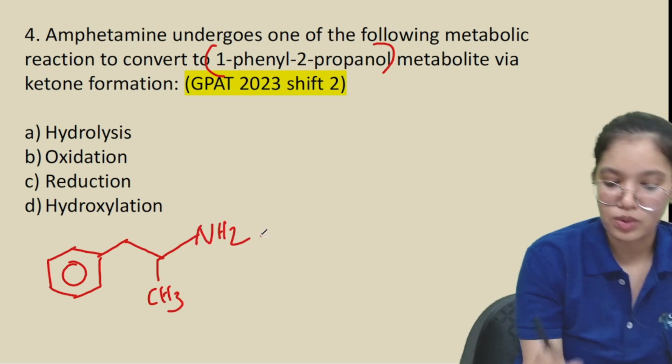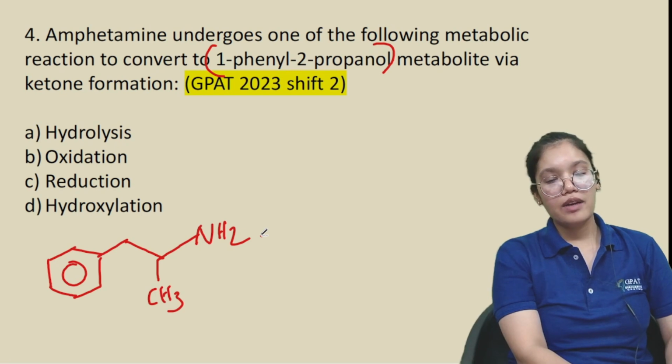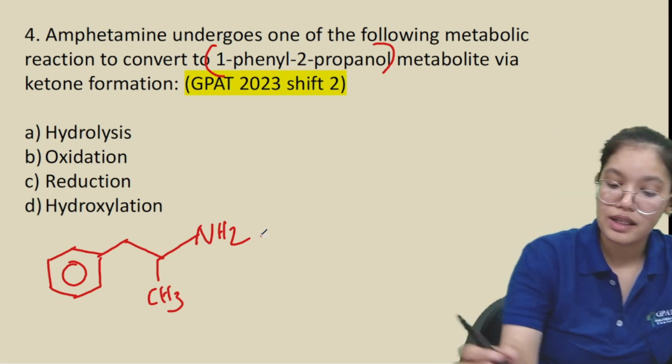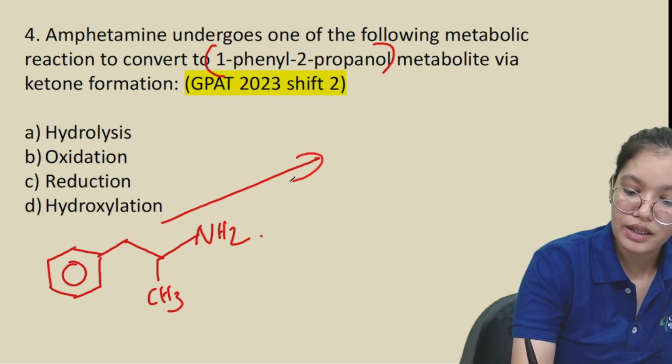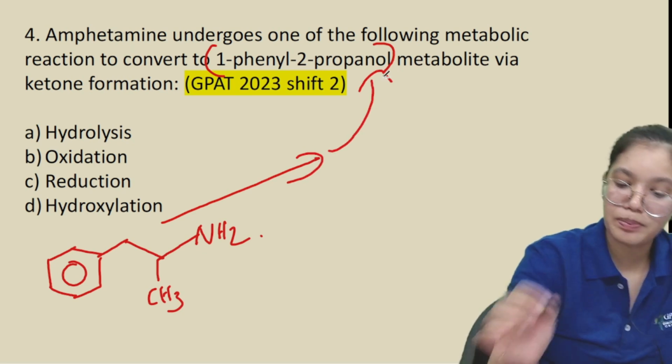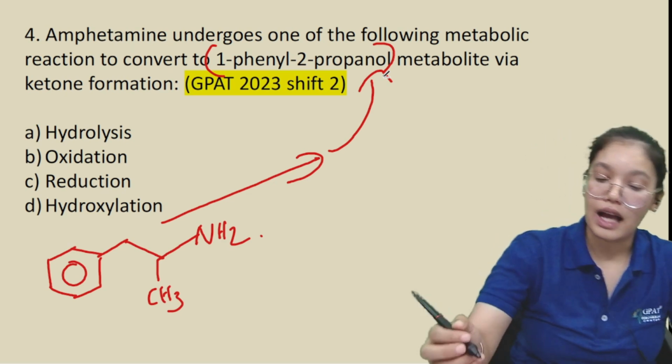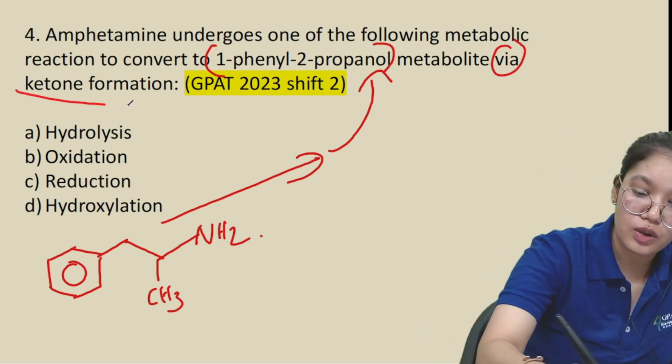This is the structure of amphetamine. They are saying it is metabolizing and converting into this particular alcohol metabolite via ketone formation.